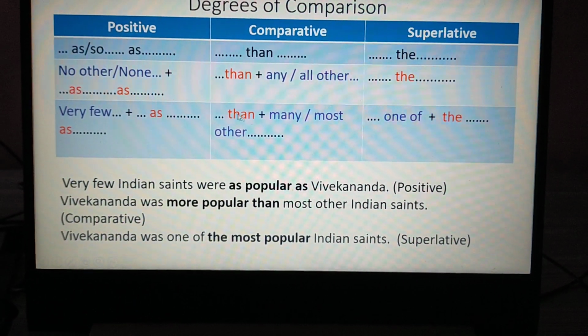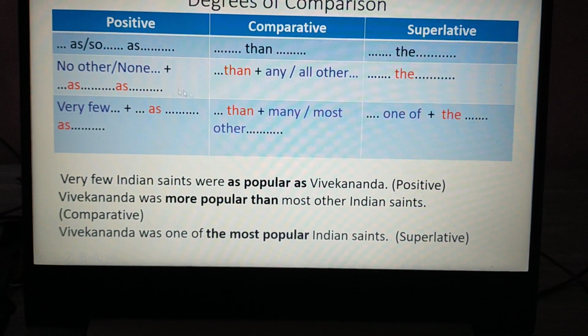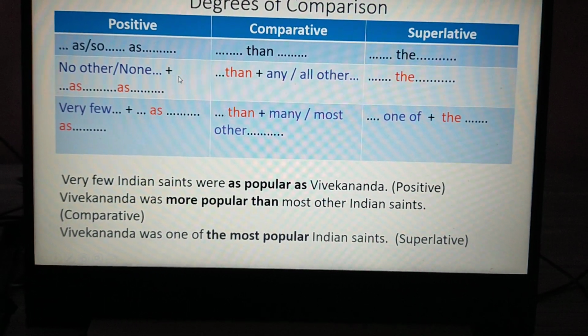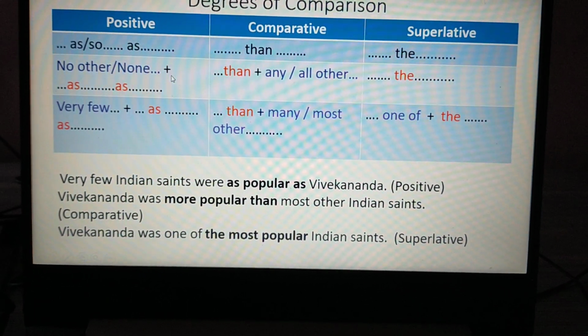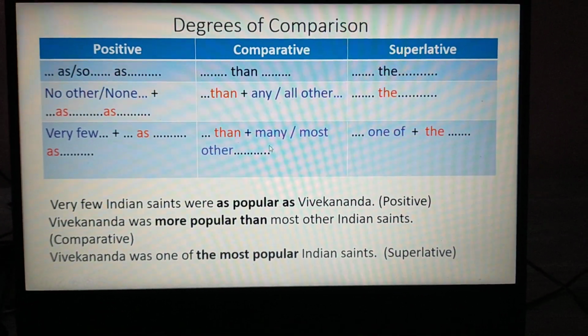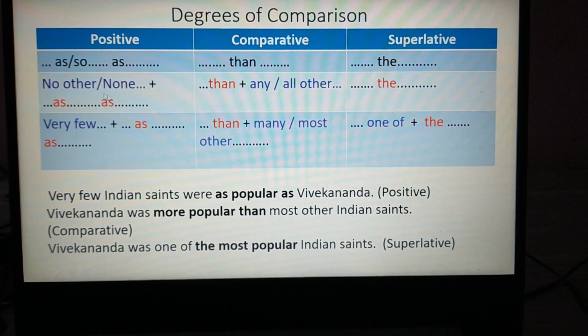You cannot frame the sentence with many or most, because it will be incorrect, and your marks will be deducted. So remember the combination.